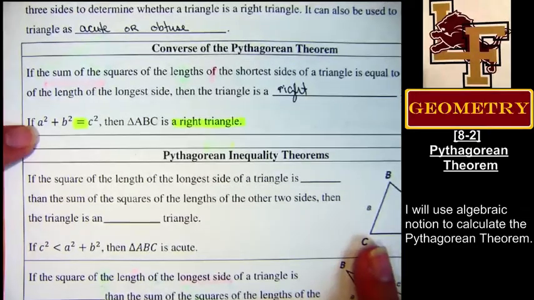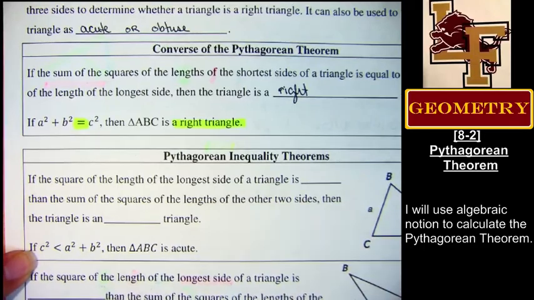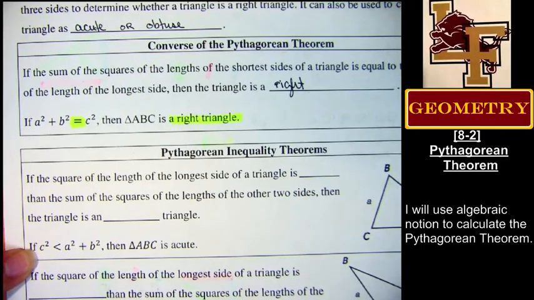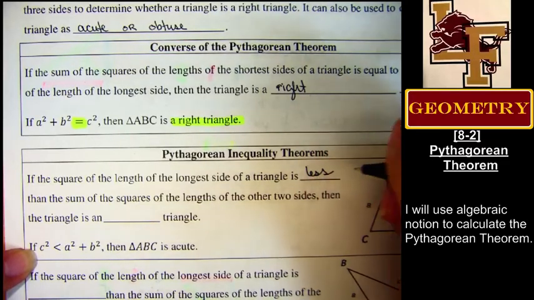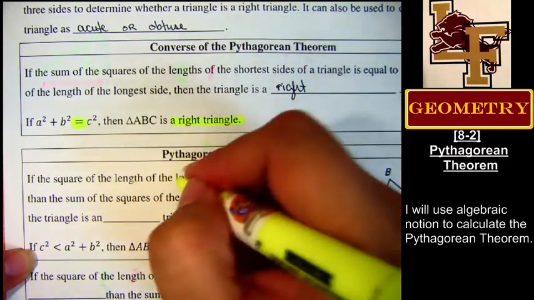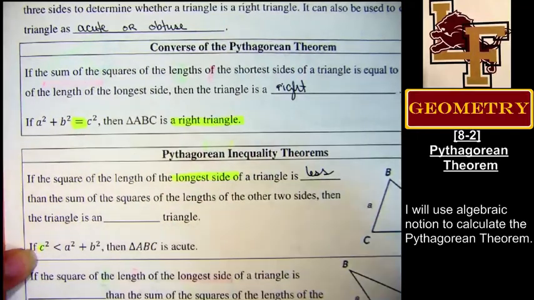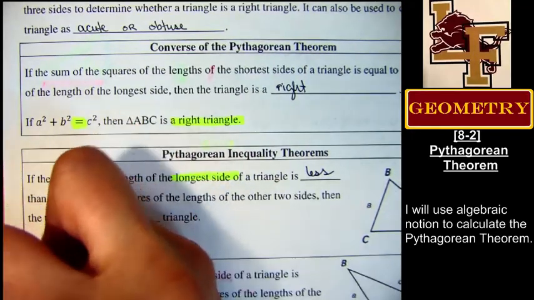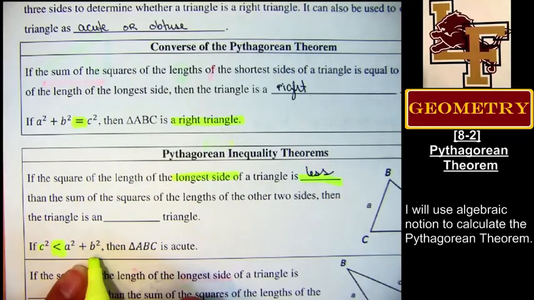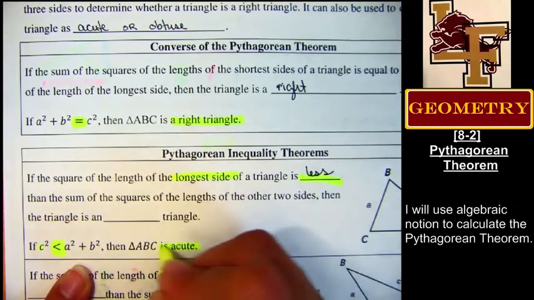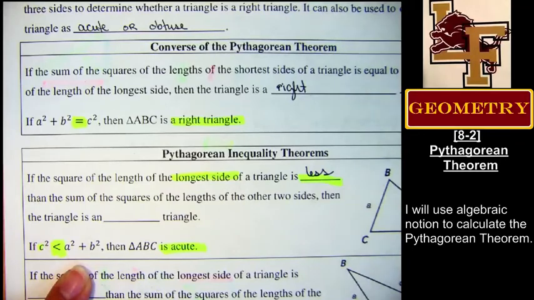This one has a squared, b squared, c squared. This order is c squared first, so we're talking about the hypotenuse. If what we think is the hypotenuse, the longest side squared, is less than the sum of those other two sides each squared, then we have an acute triangle.